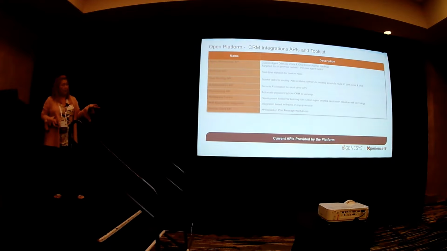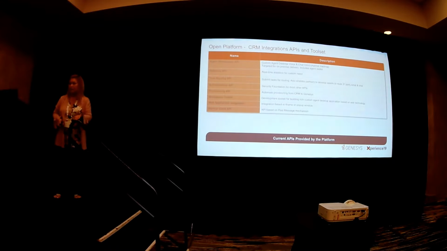We have the statistics API that will be used for real-time statistics. Task routing API is where in any external application, including the CRM, you will be able to use their native scripting or web services call or their own internal scripting languages to basically submit a task into Genesis so that it can be routed to the desktop.